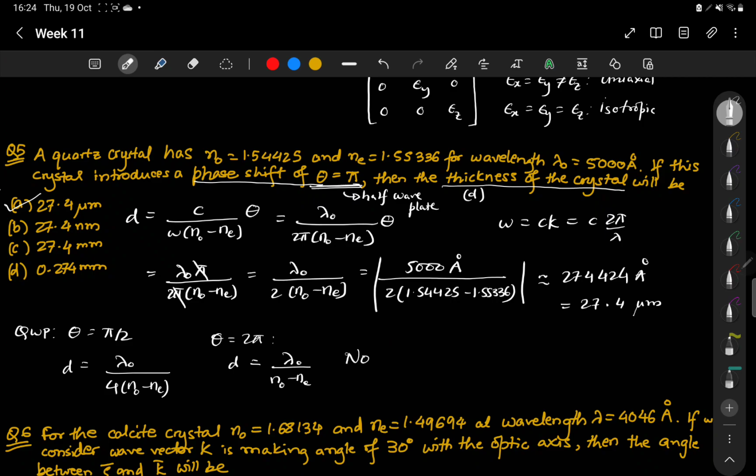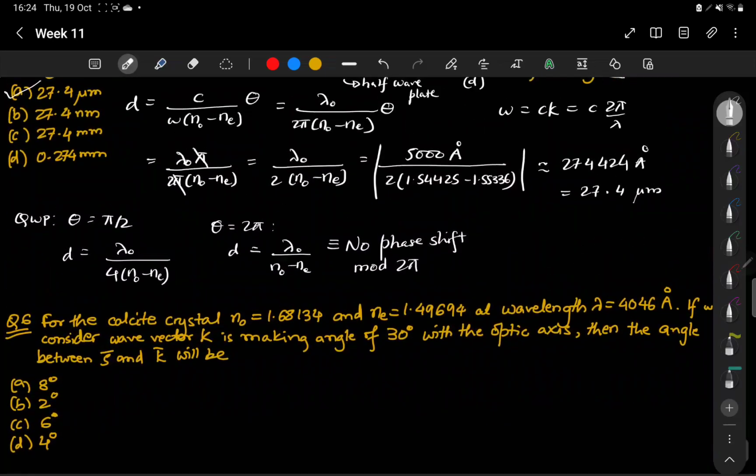This is essentially equivalent to no phase shift if you do modulus 2 pi. Okay, so now coming back to this question.